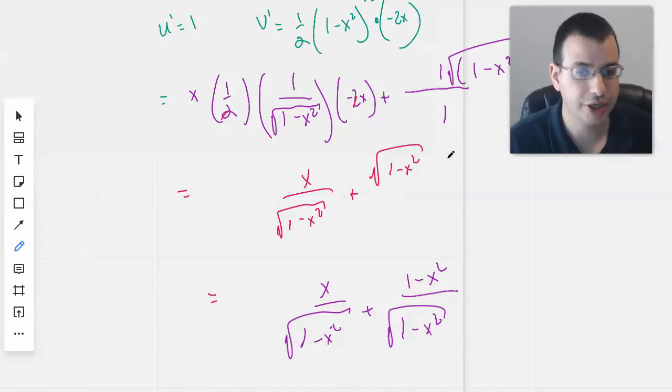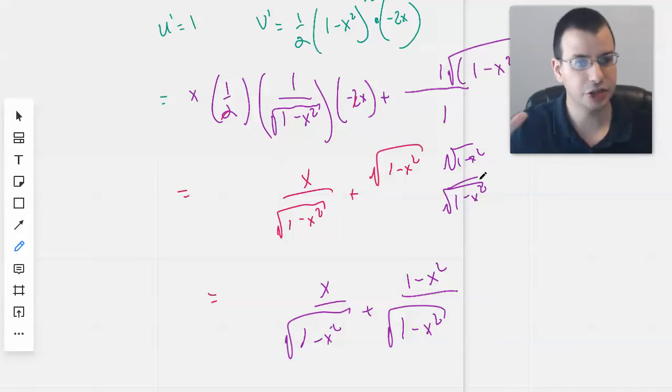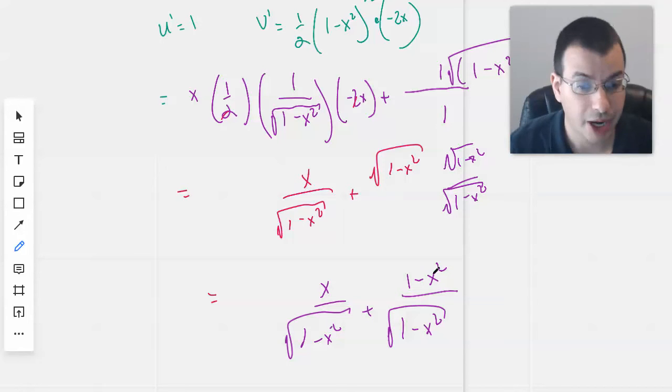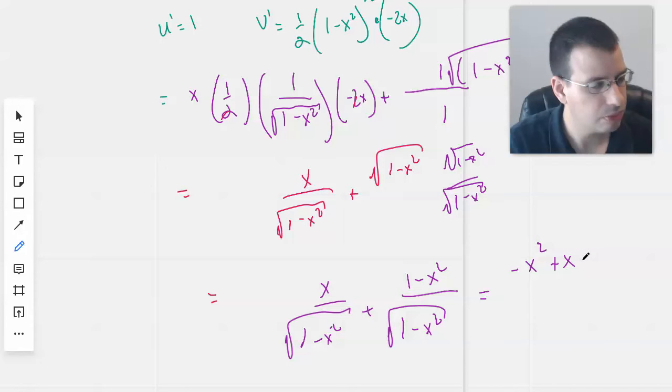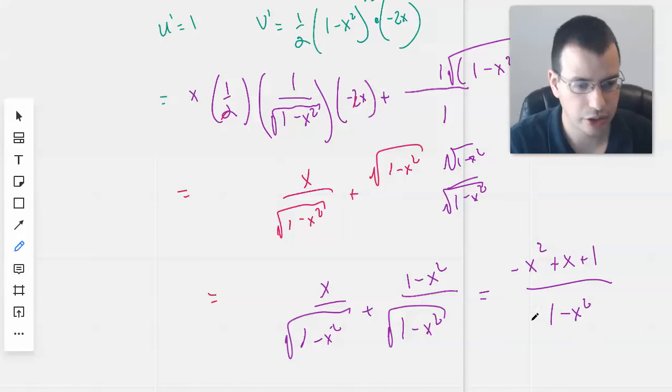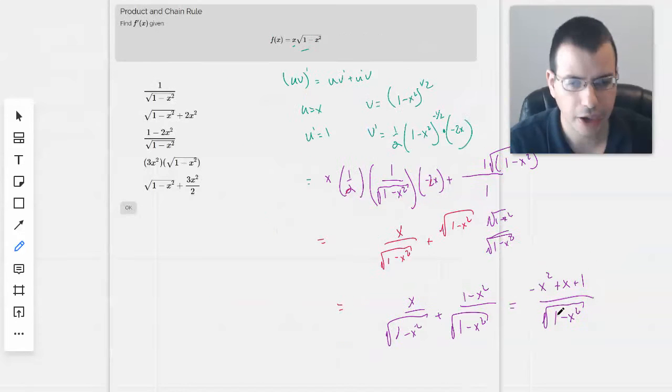So what I did is multiply by the square root of 1 minus x squared over itself. And the idea here is we get a common denominator. The bottoms will be the same. So now we can combine these fractions.